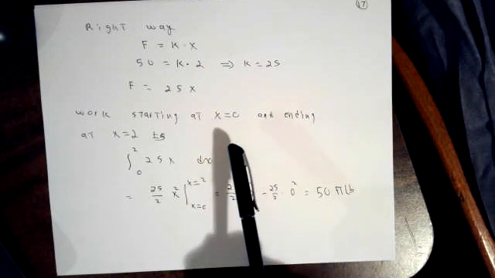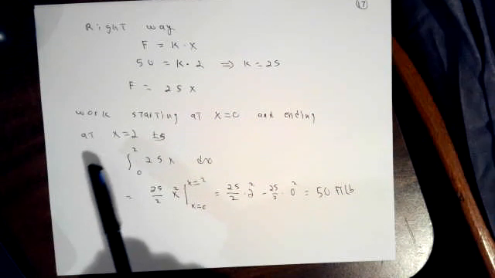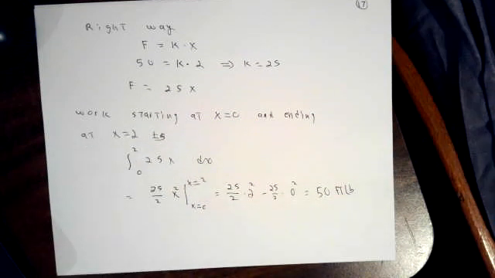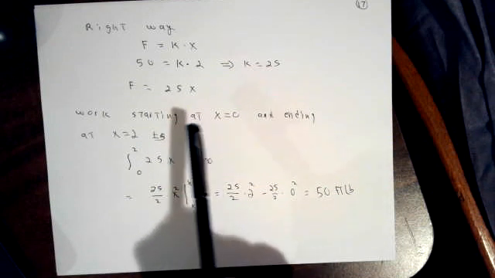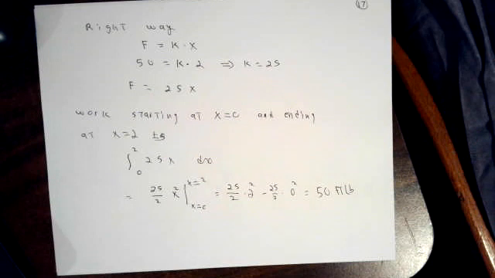Starting at x equals 0 and ending at x equals 2, the work involved is the integral from the starting x value to the ending x value of the force with respect to x. And the force here is force equals 25 times x. Antiderivative, 25 over 2 x squared.